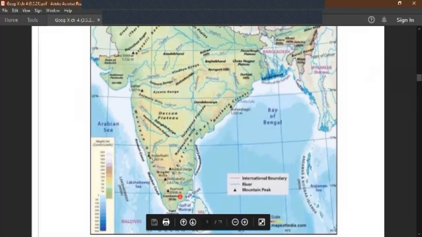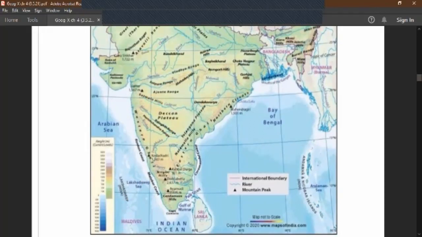The southwest monsoons from Arabian Sea strike the Western Ghats and cause rainfall in the western coastal plains on the windward slopes.